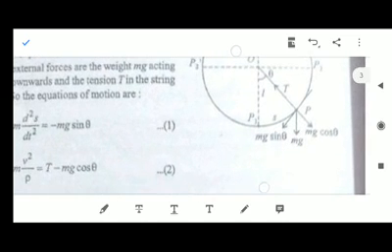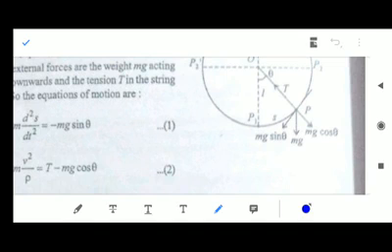So we can see here this angle is theta, then this angle is 90 degrees, and this angle will also be theta.